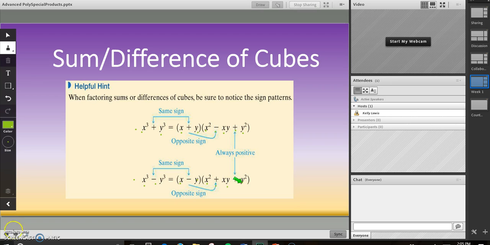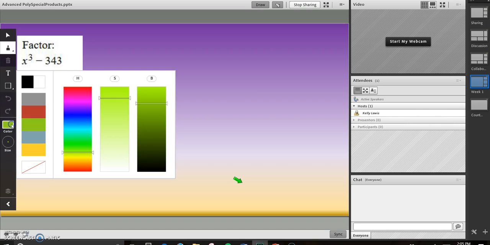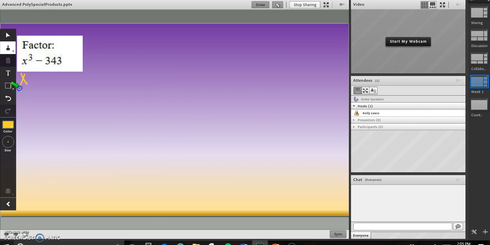All right, now let's do a real problem. So here we are. x cubed is x times x times x. And 343, it's always going to be something small, like less than 10. So on our calculator, let's just do 2 times 2 times 2, you'll get 8.